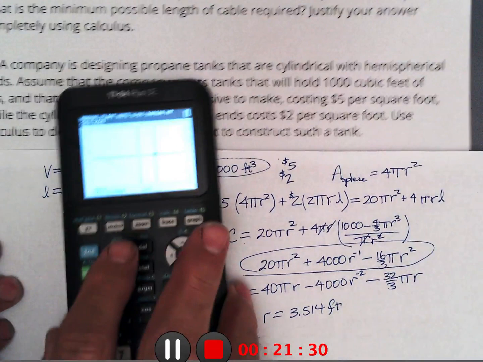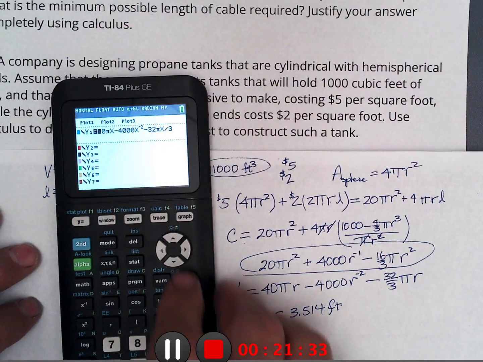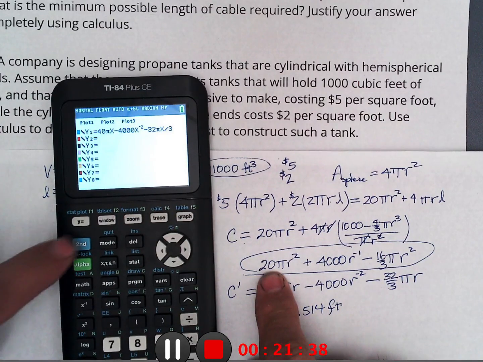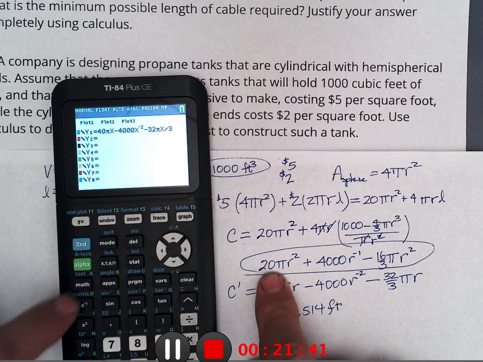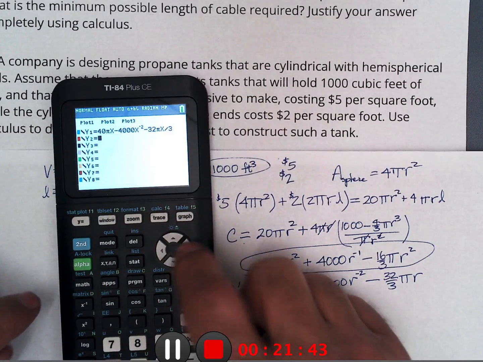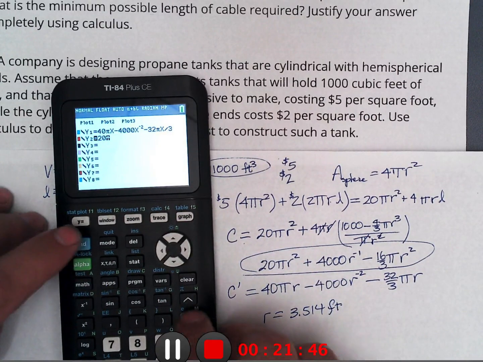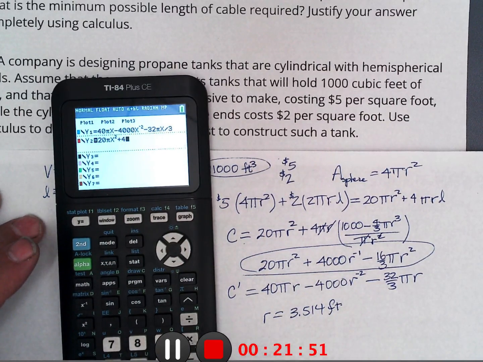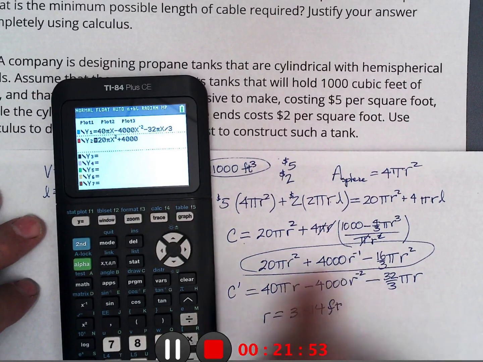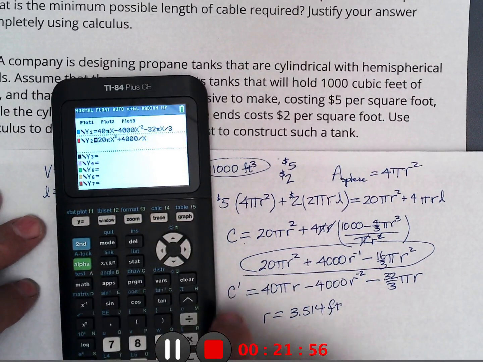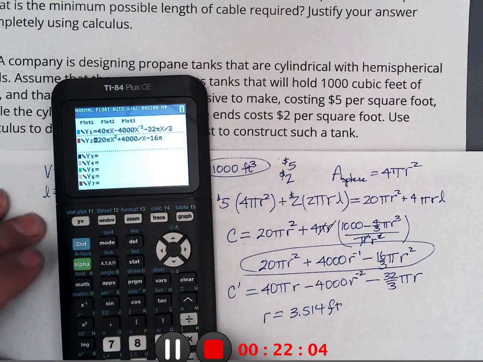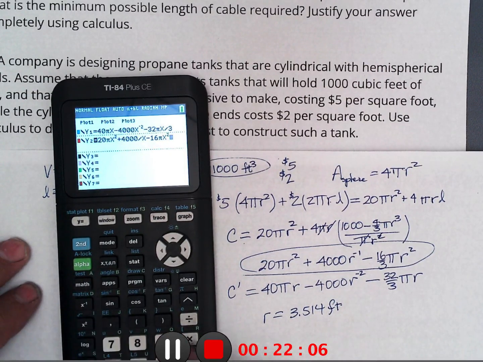So go to my y equals, turn that one off, come down and put in 20 pi x squared plus 4,000 divided by x minus 16 pi x squared divided by 3.